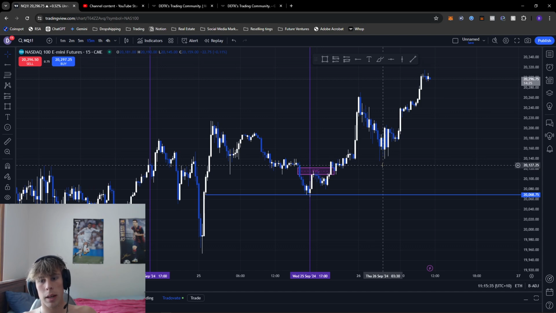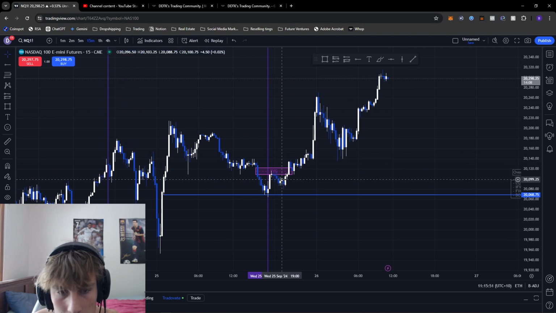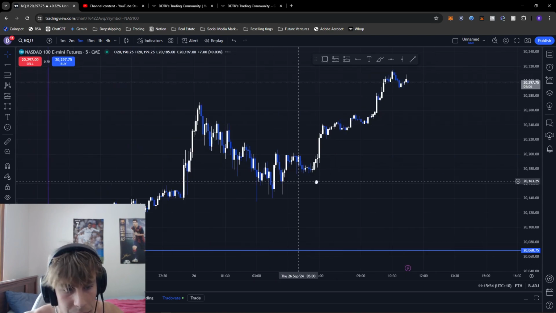If you don't know about liquidity sweeps and fair value gaps, I might make a video on it, but there's a bunch already out there. Initially, this bearish fair value gap is respected really well.